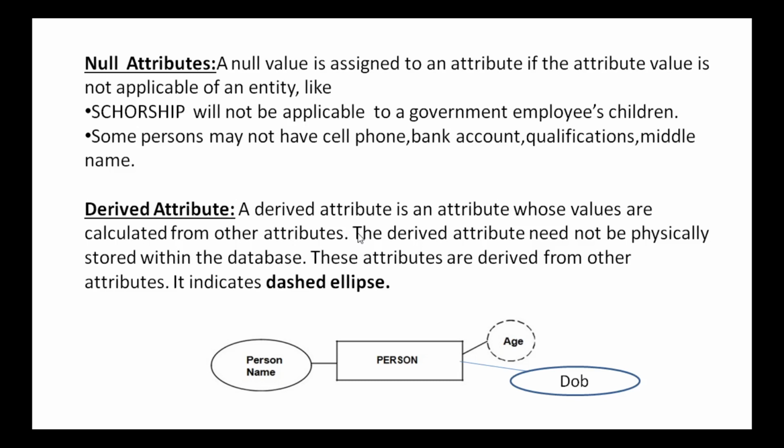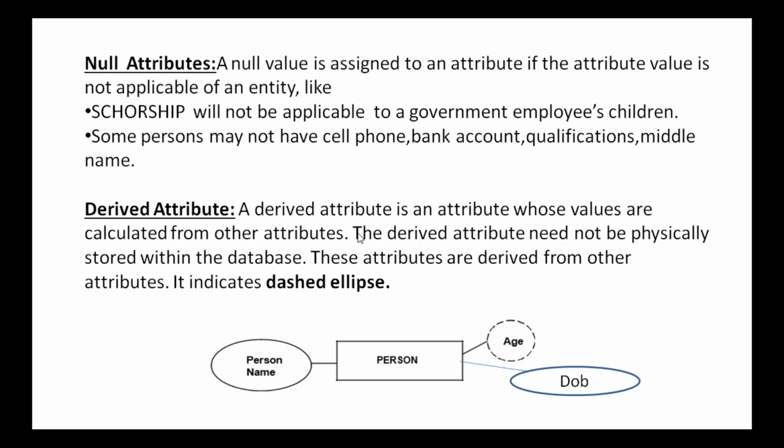And coming to the next attribute, the derived attribute. A derived attribute is an attribute whose values are calculated from other attribute values. For example, just see this diagram. It's a person entity. It contains a person name, age, and DOB.